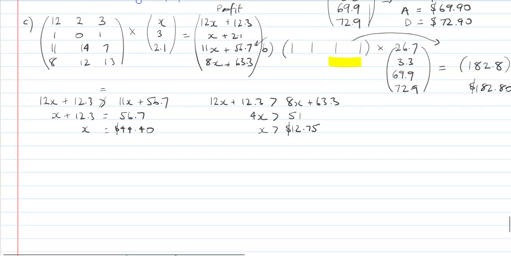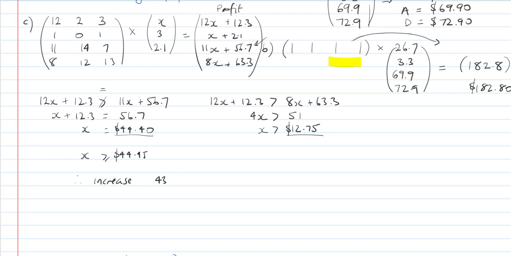And I can see that if X is greater than $44.40, then X was definitely greater than $12.75. $44.40 means that she has the same profit as Adam, and assuming we're working with Australian dollars, it means X must be greater than or equal to $44.45. So we can say the lowest value must be $44.45.